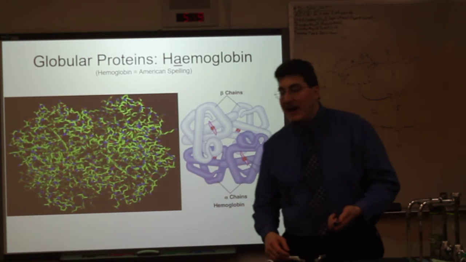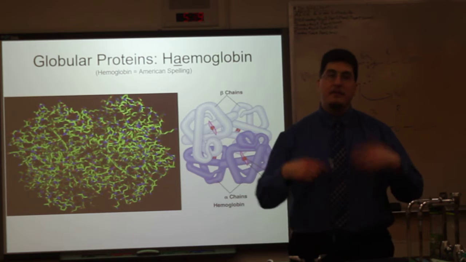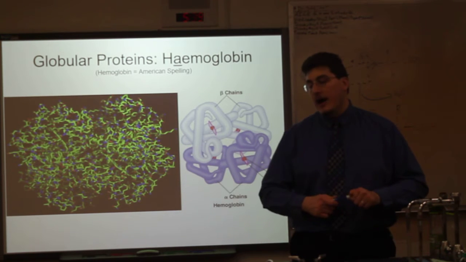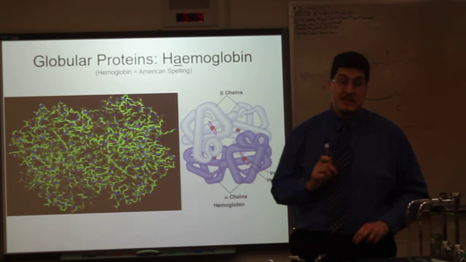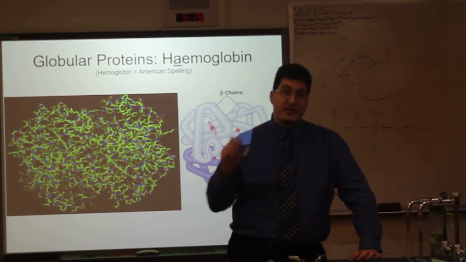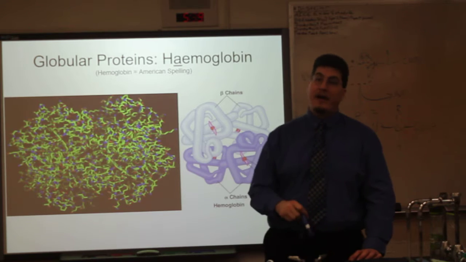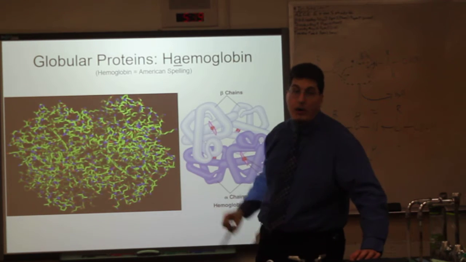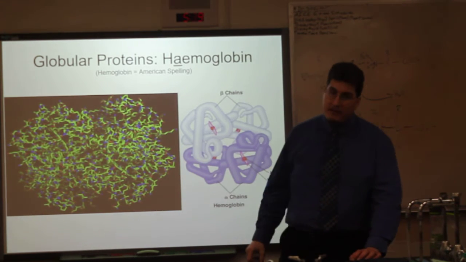I'm going to take an aside here. There's already a video on the channel about spelling. Be consistent in your spelling. Always spell the word the same way every time. So if you're going to spell it hemoglobin, spell it hemoglobin every single time.